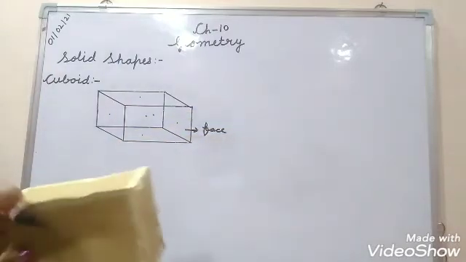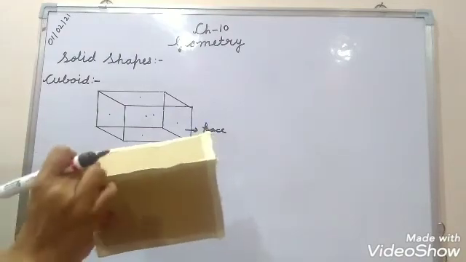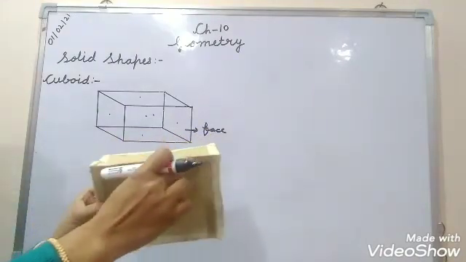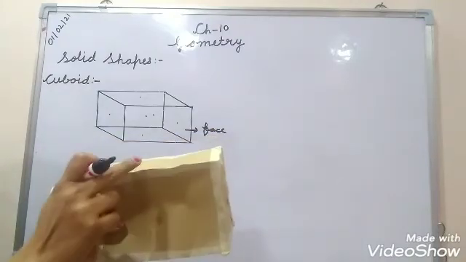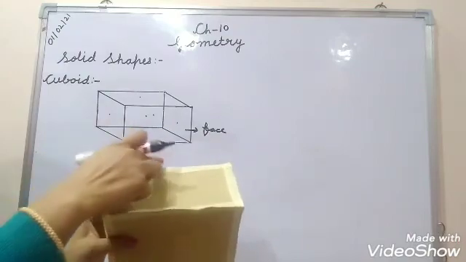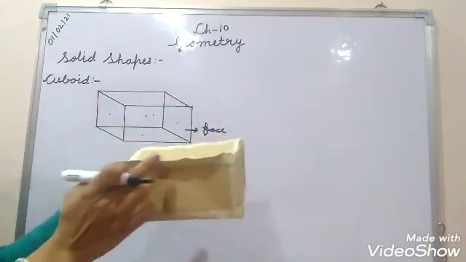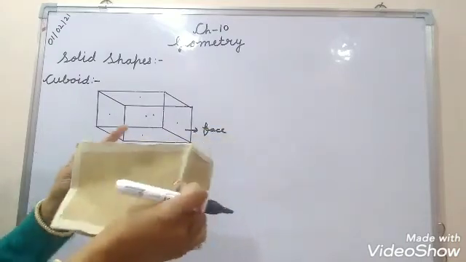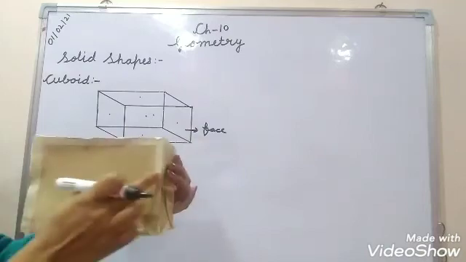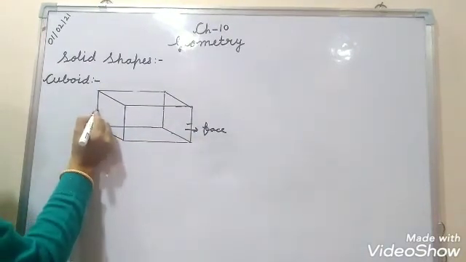Now the line which is joining two faces is called an edge. What is it called? Edge. So let's count how many edges are there. That is 1, 2, 3, 4. At bottom 5, 6, 7, 8, 9, 10, turn it 11, here 12. Okay children, let's count how many edges are there.